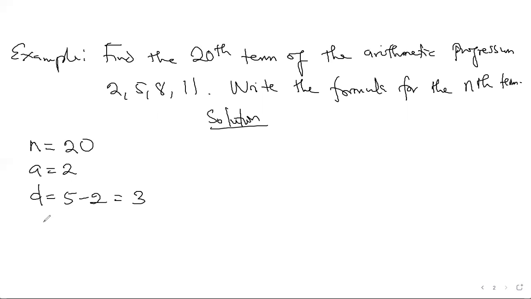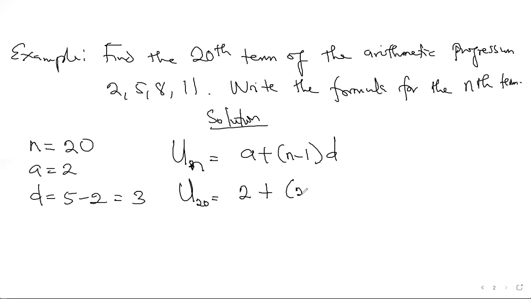So I can determine the 20th term because I know that Un is A plus N minus 1 times D. Now I know A as 2, N as 20, and D as 3. So U20 will be 2 plus 20 minus 1 times 3.